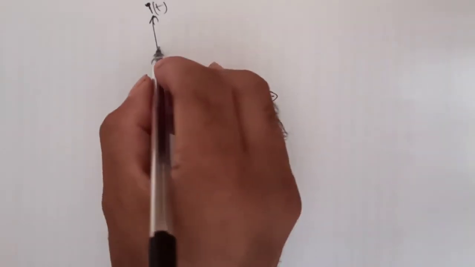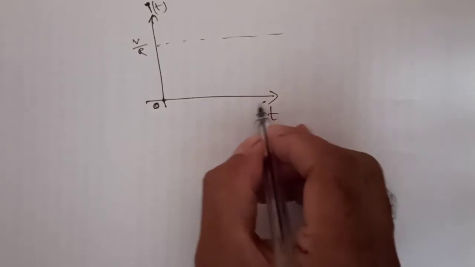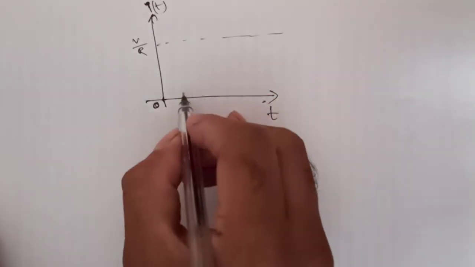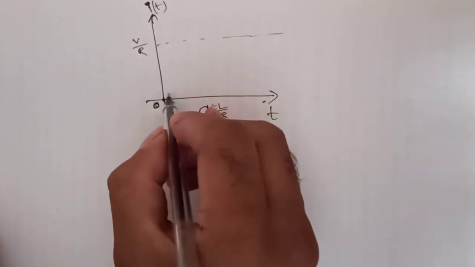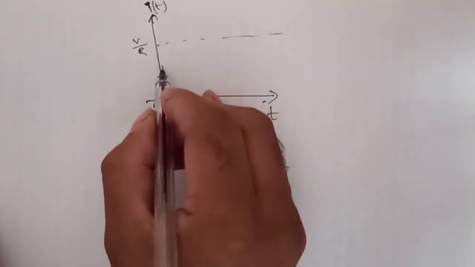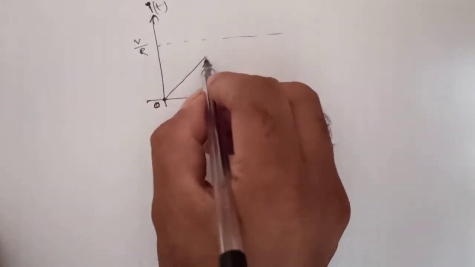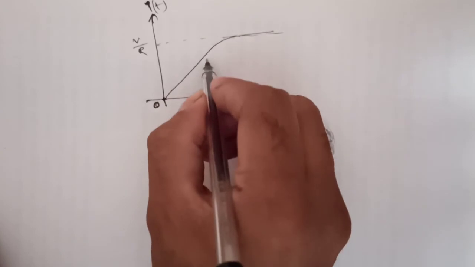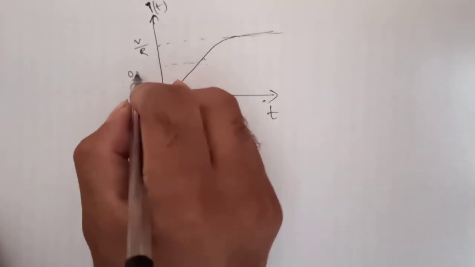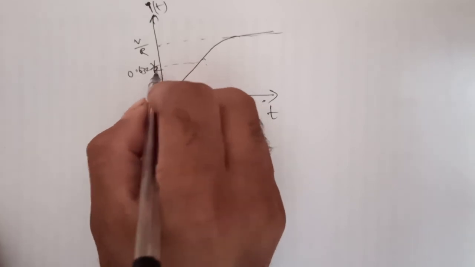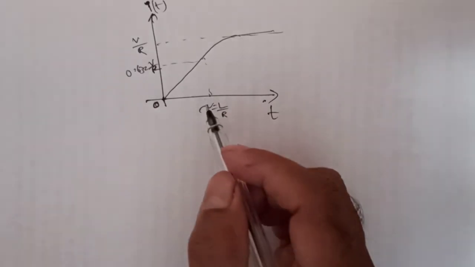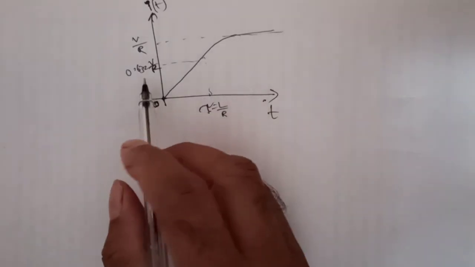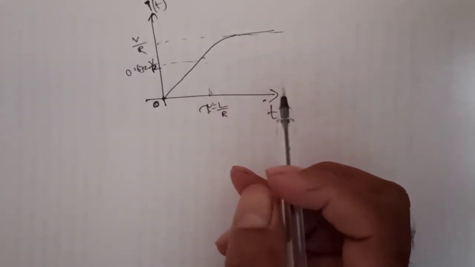At t equal to infinity, the current reaches the maximum state, which we can call V by R. Here we cannot take infinity at steady state condition, and at a particular time, tau, that is equal to L by R, the current reaches 0.632 times, meaning the graph will be exponentially growing. So at a particular time the current is 0.632 times V by R. This time constant is nothing but the time taken by the circuit for the current to reach 63.2% of the maximum current.